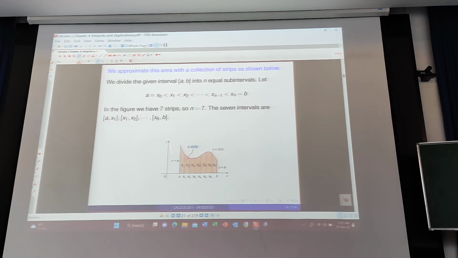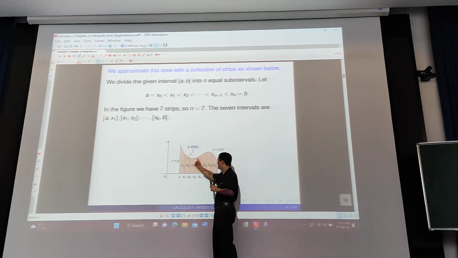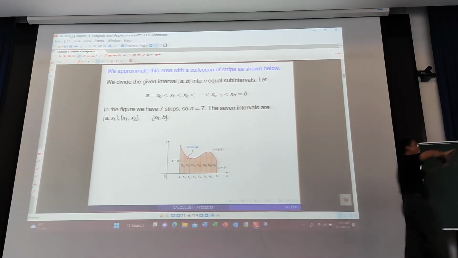So we divide it into 7 equal sub-intervals, and you get 7 smaller curved trapezoids. And now we look at one of these. For example, we look at S4 between x3 and x4. Đấy, bây giờ tôi nhìn vào đây. We look at that part. Okay? We zoom in. Phóng to nó ra. That part. Yeah.